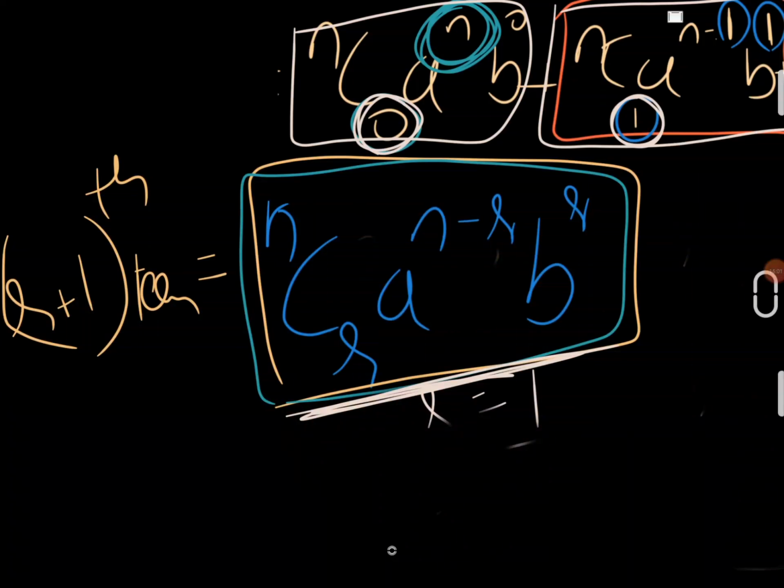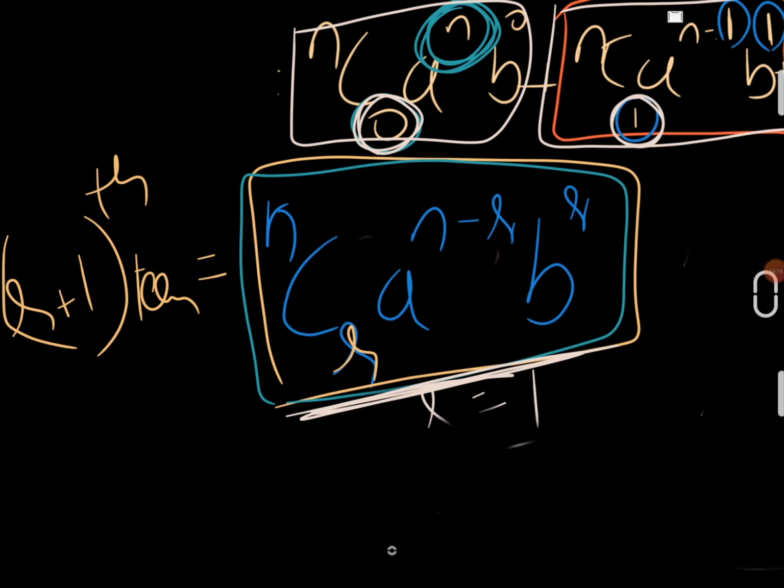That means when the value is r, the term is r plus 1. For example, when r is 0, it is the first term, 0 plus 1. When r is 1, it is 1 plus 1, 2, the second term. So just remember that.